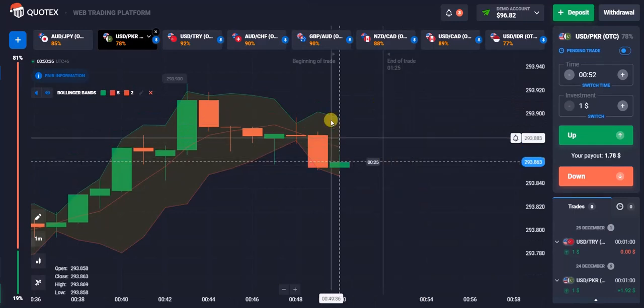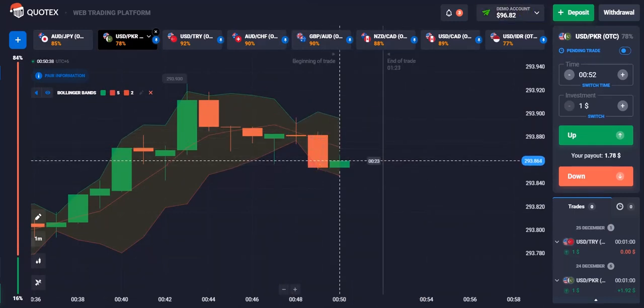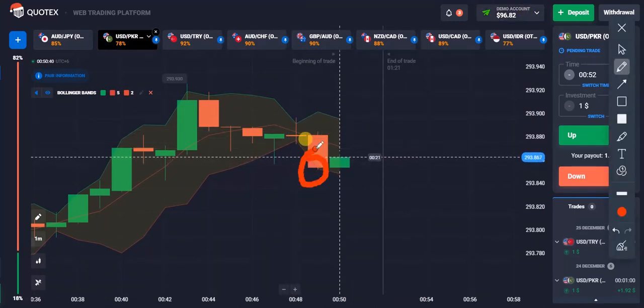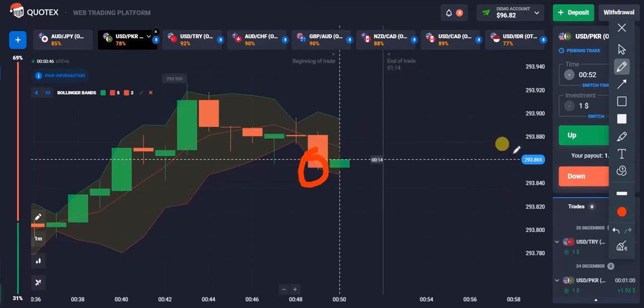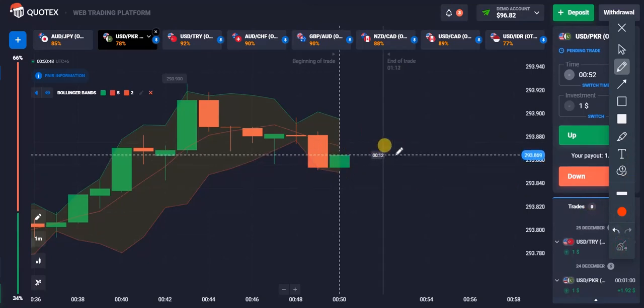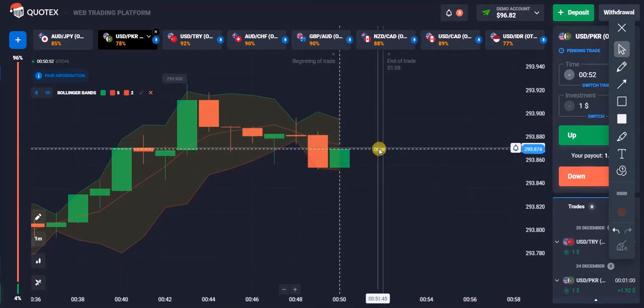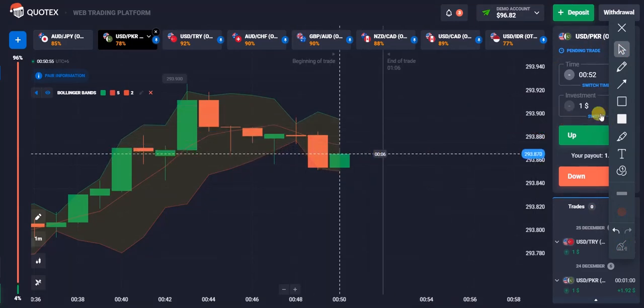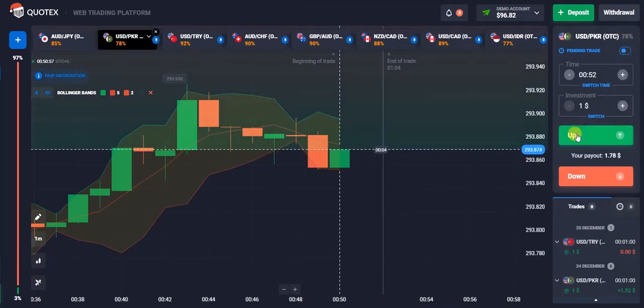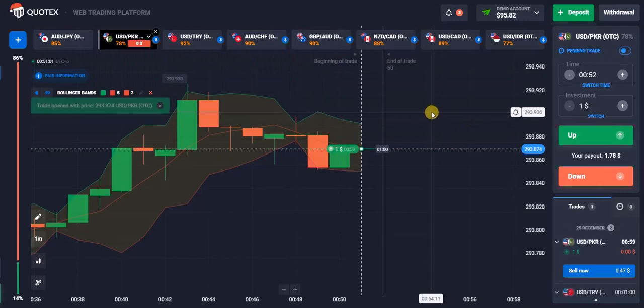Okay, there's another one. As you can see, the red candle has touched the bottom line, so we're going to take an up now, if this candle ends up green. Okay, it's a healthy green candle, so we are going to take an up call. 3, 2, 1, up.